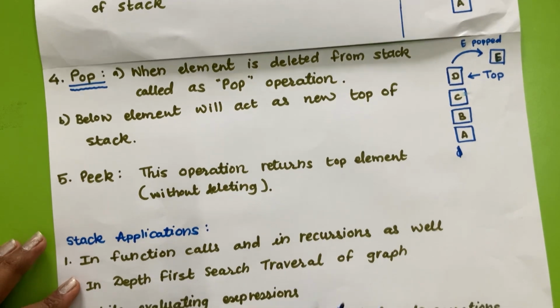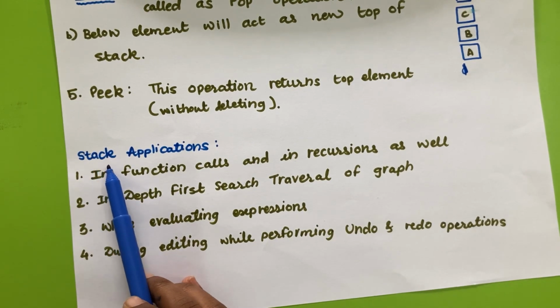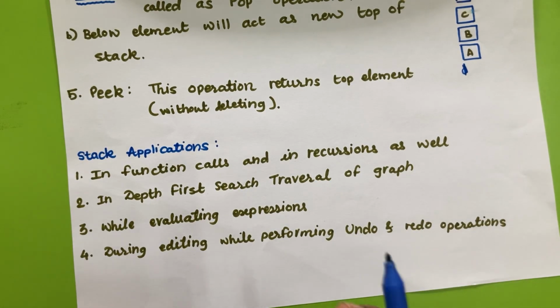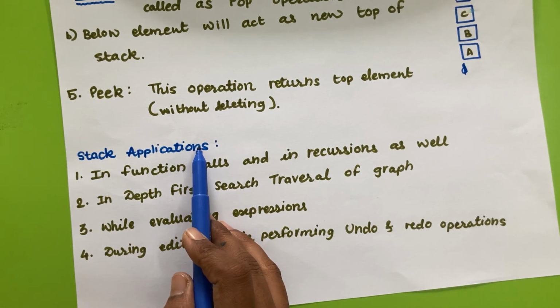Now we will see some of the stack applications. In function calls and recursion, stacks are used because in recursion one function calls itself, so that hierarchy can be maintained with the help of the stack data structure.